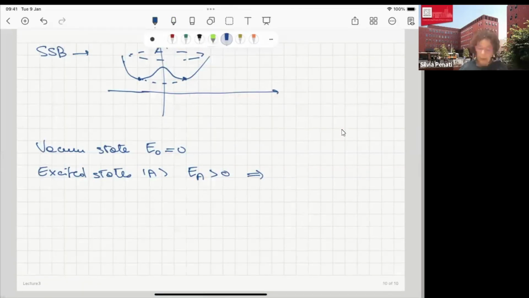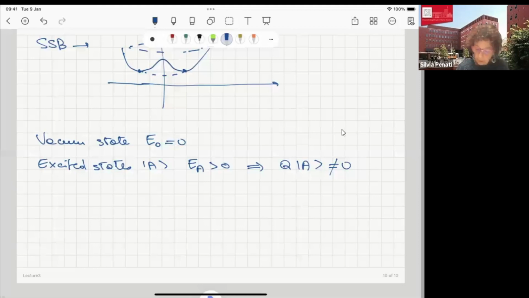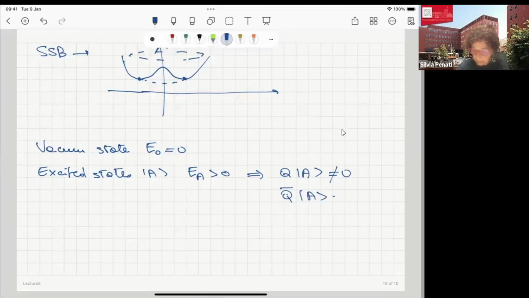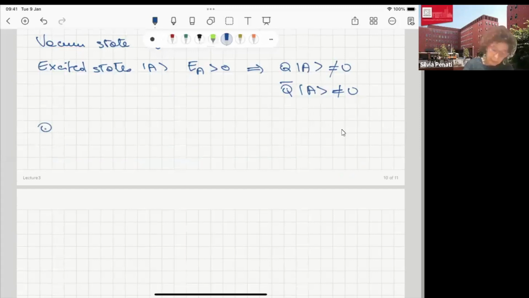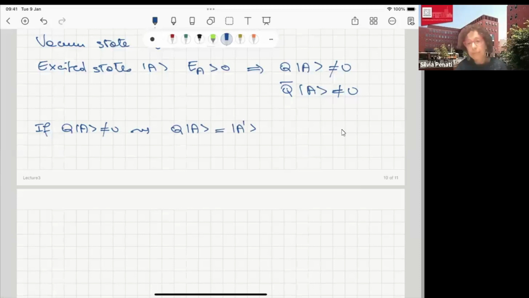So from here, I can conclude that Q, when I write Q, is just Q, and forget about alpha. So this has to be different from 0, and or Q bar has to be different from 0. Okay, but that means that if Q, let's consider for instance Q, if Q acting on A is different from 0, it means that when I act with Q on A, I will get a new state, A prime. Correct?